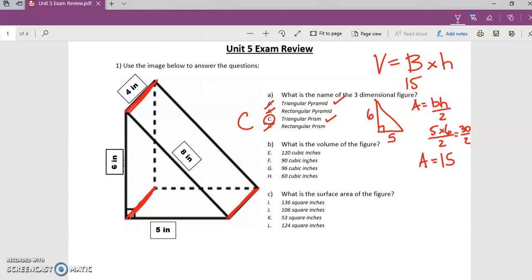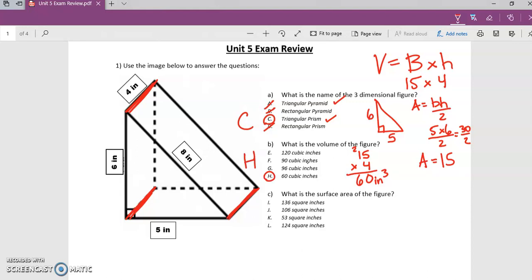So the height is 4. So I say, okay, 15 times 4. 4 times 5 is 20, and I bring the 2 up here. 4 times 1 is 4 plus 2 more, 60. So my volume should be letter H, 60 cubic inches.